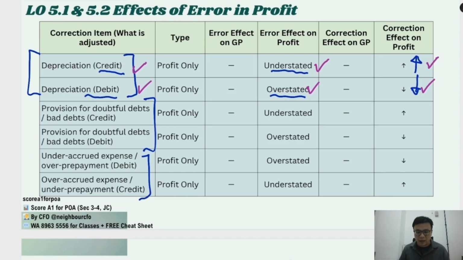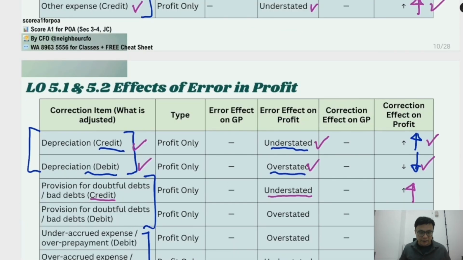So under this kind of circumstance, what if the bad debts are overstated? When it is overstated, we will need to do a credit as part of the correction. And when we do that, the initial error of understating the profit will increase after your adjustment.